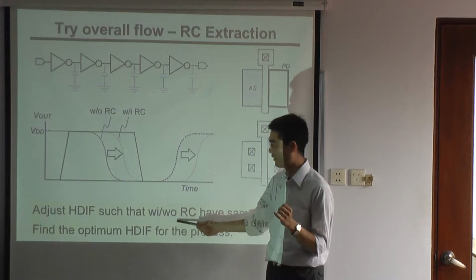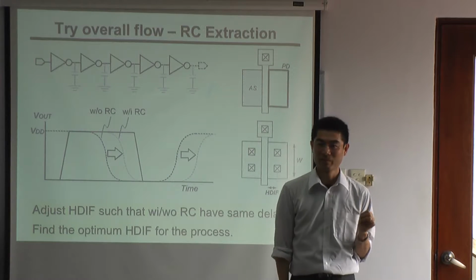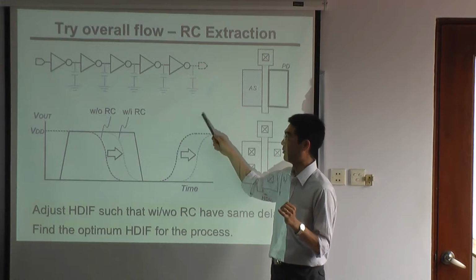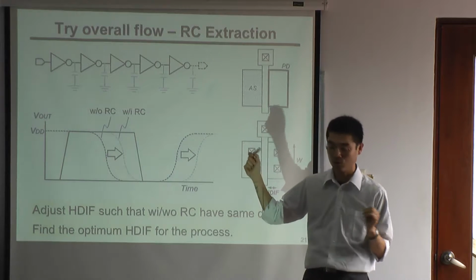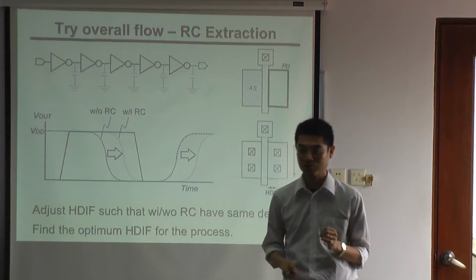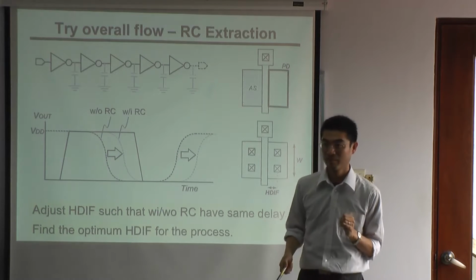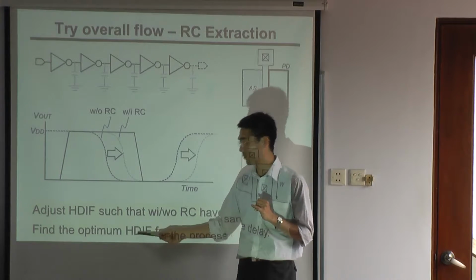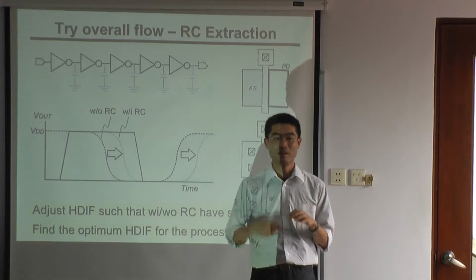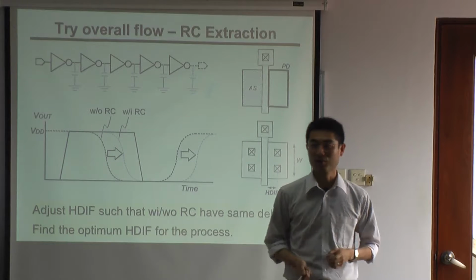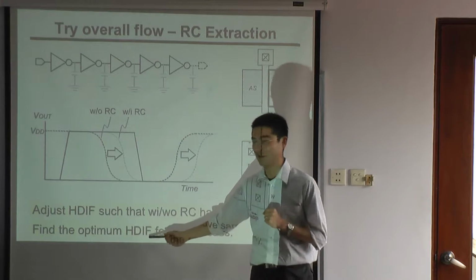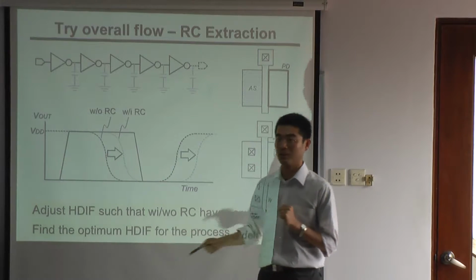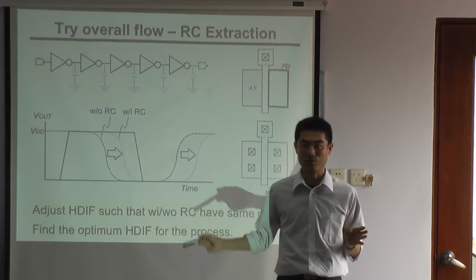This is the main reason to go through RC extraction first. At this stage, you find the optimal HDIF parameter, and then you start your design using this parameter. And actually, this is the main reason that we have to do layout first.